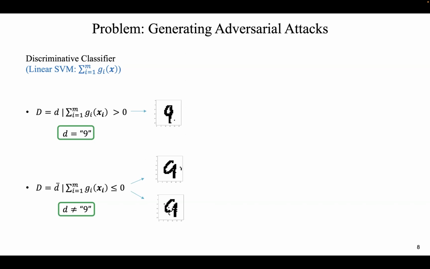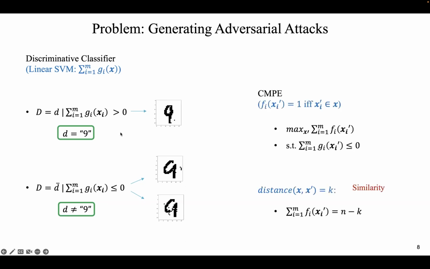Or a Markov network, which outputs the decision 9 if its weight is non-negative, and outputs the decision not 9 if its weight is negative, or less than 0. So we can think of this test sample X and its associated class D as a constraint being encoded by the classifier, right? So the discriminative model always goes into the constraint.